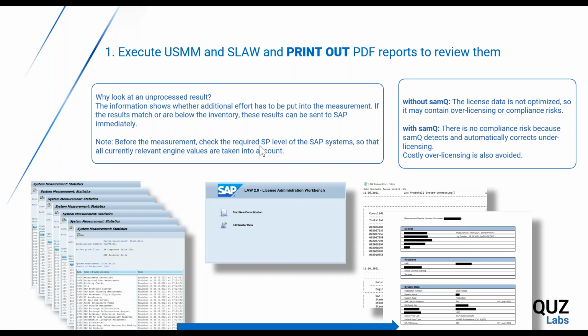Now, if you have a software asset management tool like our SAMQ or another one of the ones that are on the market, before you execute USMM and Slow, you have to optimize and reclassify your user licenses to look for a situation where you have assigned every user the least expensive user type possible.